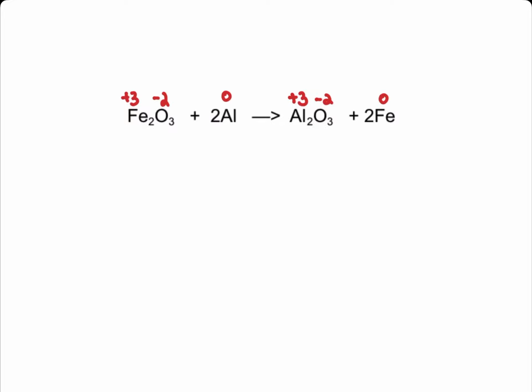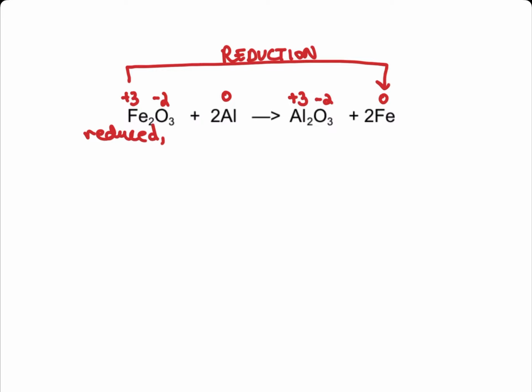Now I want to examine which elements are going to transfer electrons. So if I take a look at iron, iron goes from a +3 oxidation state to a 0, so that becomes reduction. And if it's going through the reduction process, then this is called reduced, or oxidizing agent.